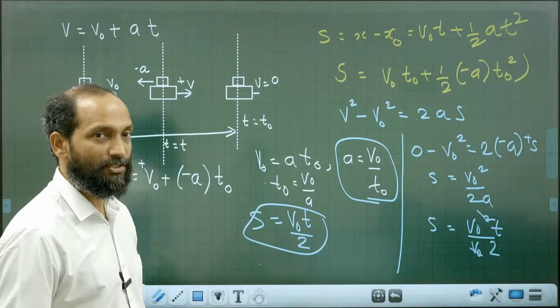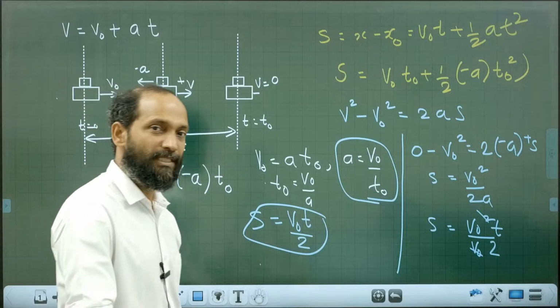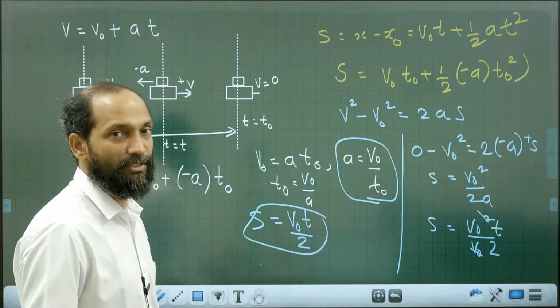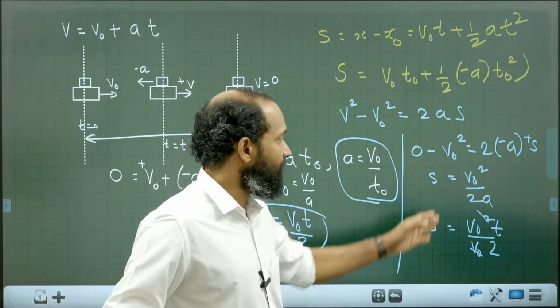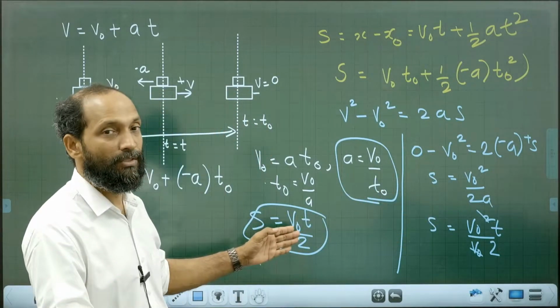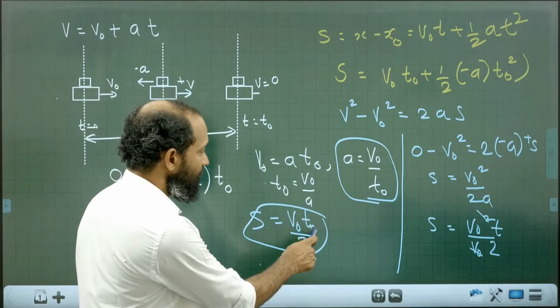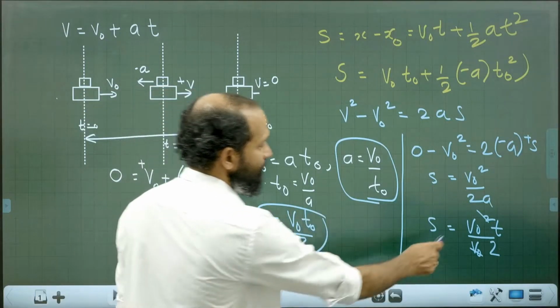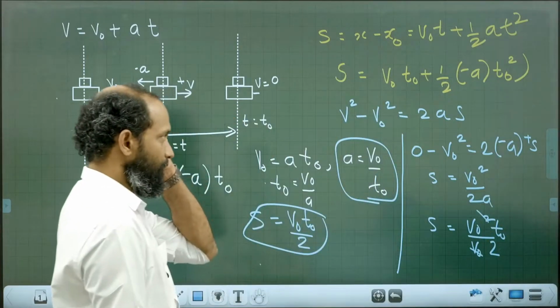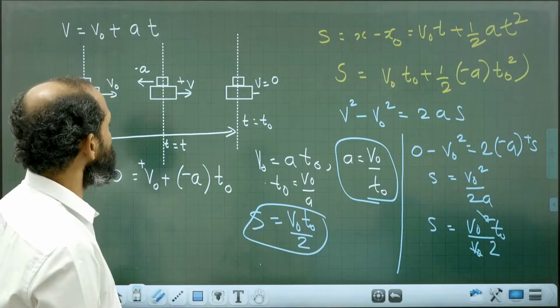Stopping distances, stopping time, accelerating distance, accelerating time, all this may be solved by using these two sets of equations. One is v0 square by 2a, the other is v0 t0 by 2, where t0 is the stopping time.